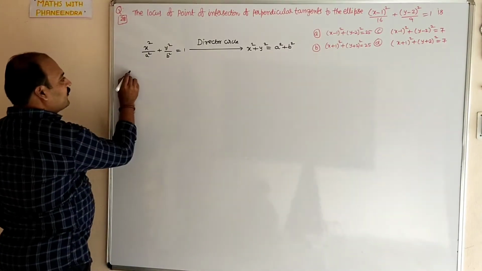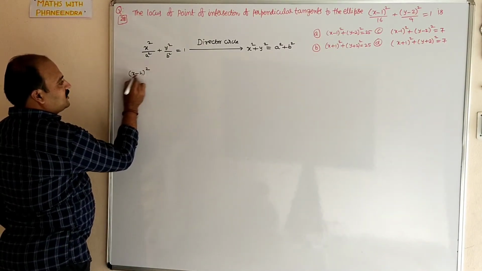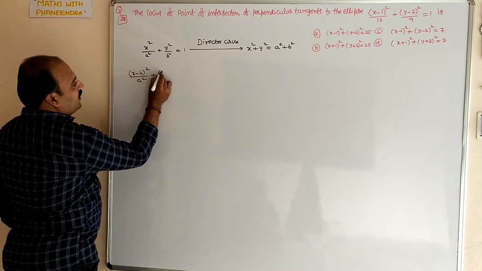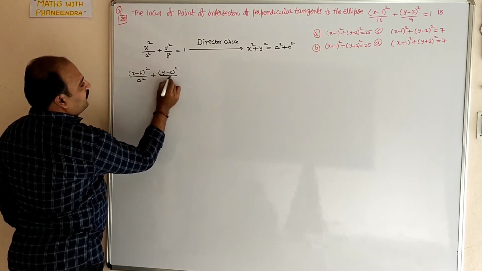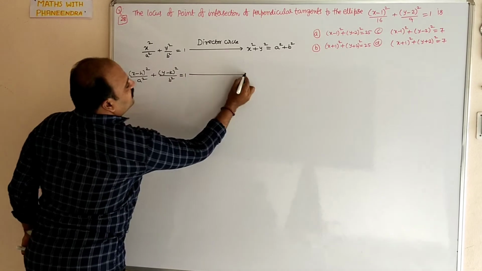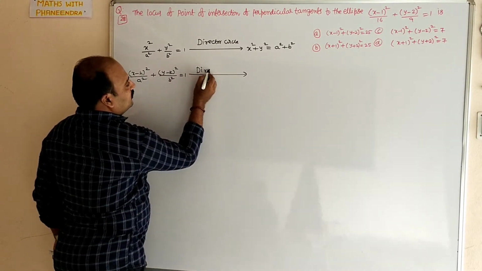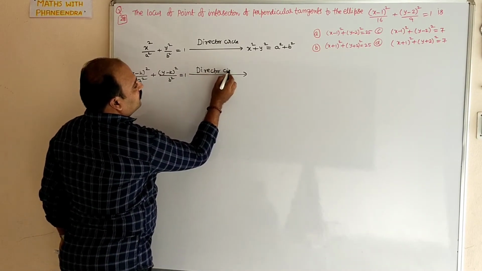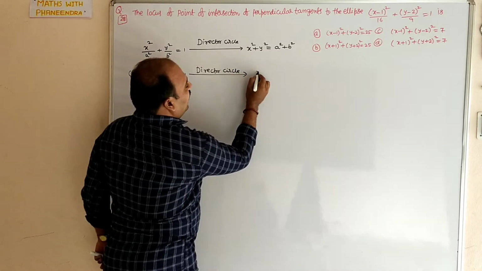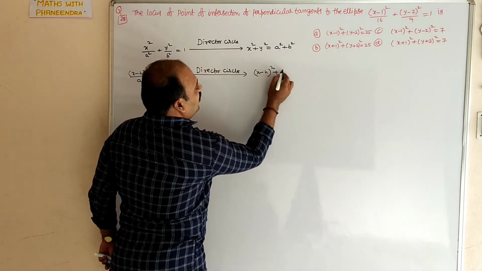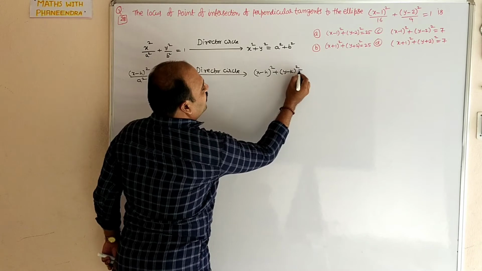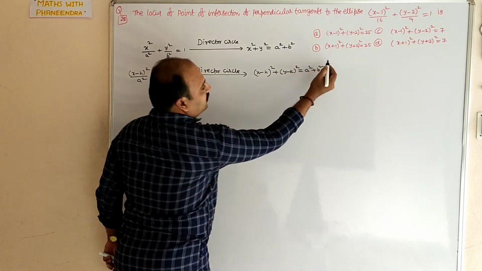Suppose the equation of the ellipse is in the form x minus h whole square by a square plus y minus k whole square by b square equal to 1, then the director circle is x minus h whole square plus y minus k whole square equal to a square plus b square.